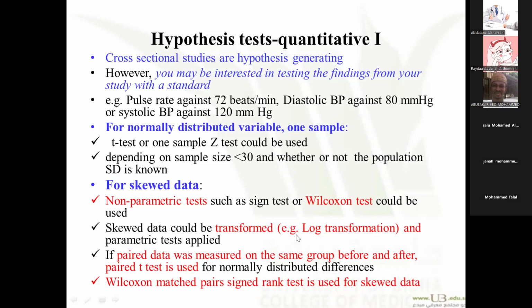Remember, this looks like the summary of what I gave in that slide, which is graphical. If the data is paired and was measured on the same group before and after, a paired t-test can be used. And of course, if the data is skewed, you can use the matched pair or signed rank test. We'll call it the signed rank test.